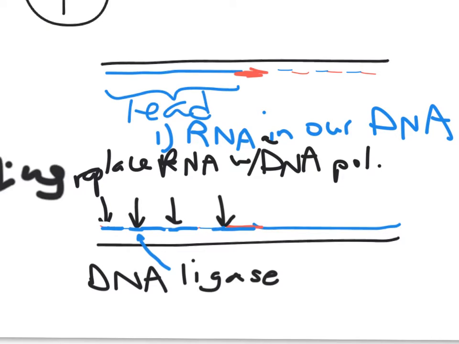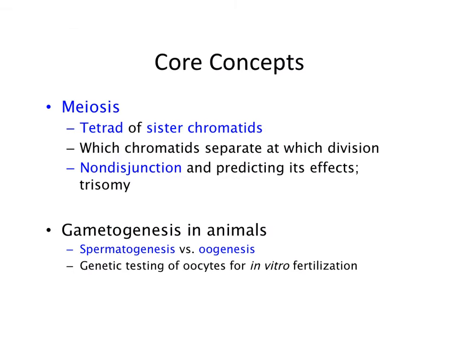Thank you all for participating in the Socrative quiz. That's given me a good idea about what we need to cover today. So today's core concepts that I wanted you to get out of the reading, and that we're going to practice for the next 10 or 15 minutes or so, are meiosis and gametogenesis. They're, of course, intimately related.